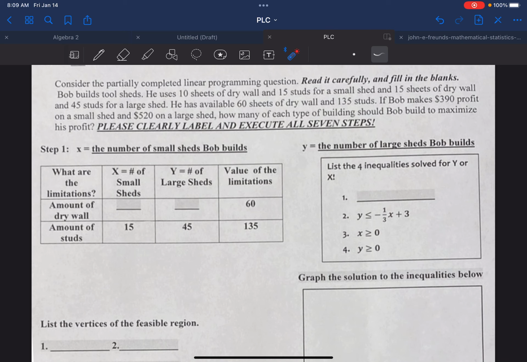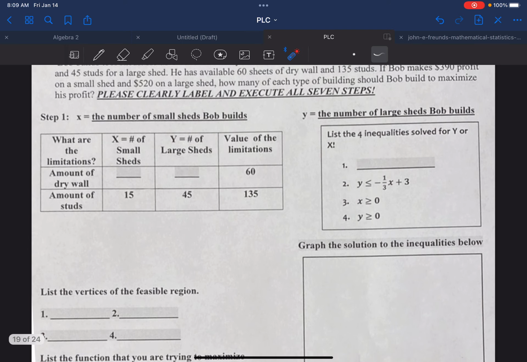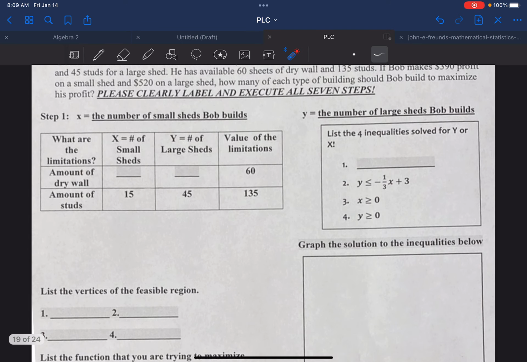But with this one, let's say you read it, you've noticed that your step 1 is X is the number of small sheds Bob builds, and Y is the number of large sheds Bob builds. So the amount of studs is already given to us. Mr. Miller was awesome. He did this problem for you.